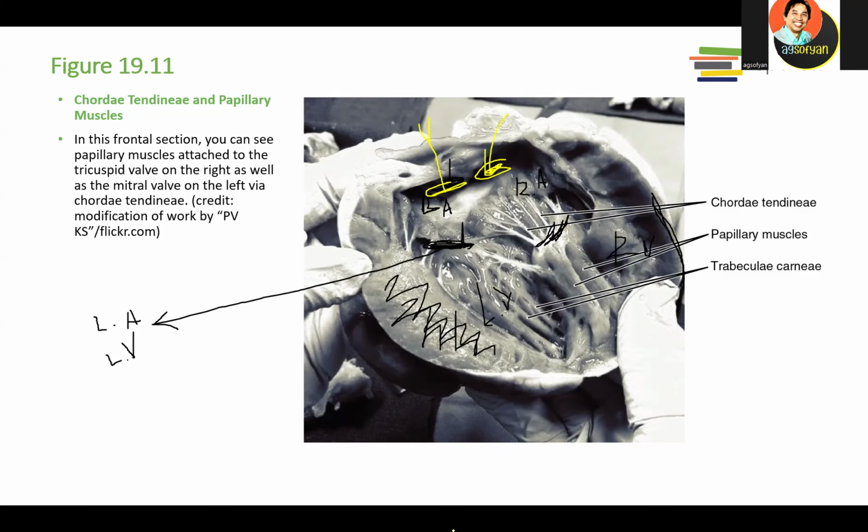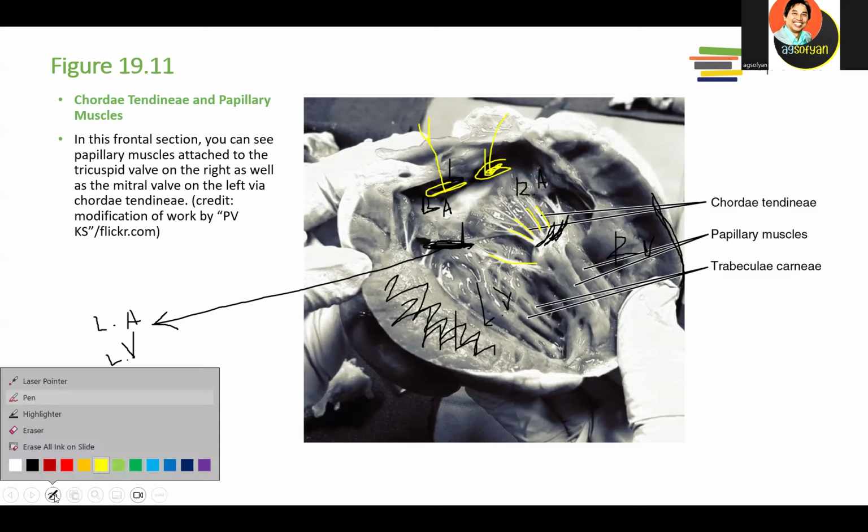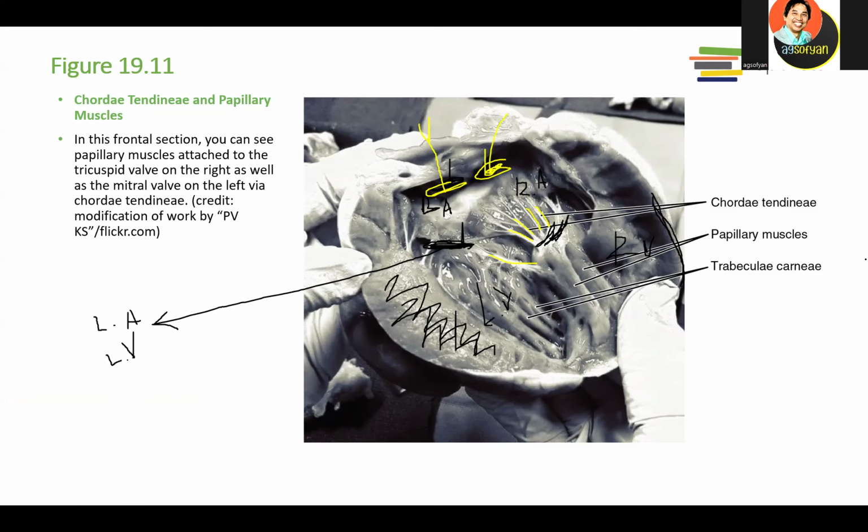So these are the structures inside the heart. And look at this one over here. You see this line or this structure. This structure is called the chordae tendineae, which is the structure that strengthens the valve. So the valve can be opened and closed because of this structure.